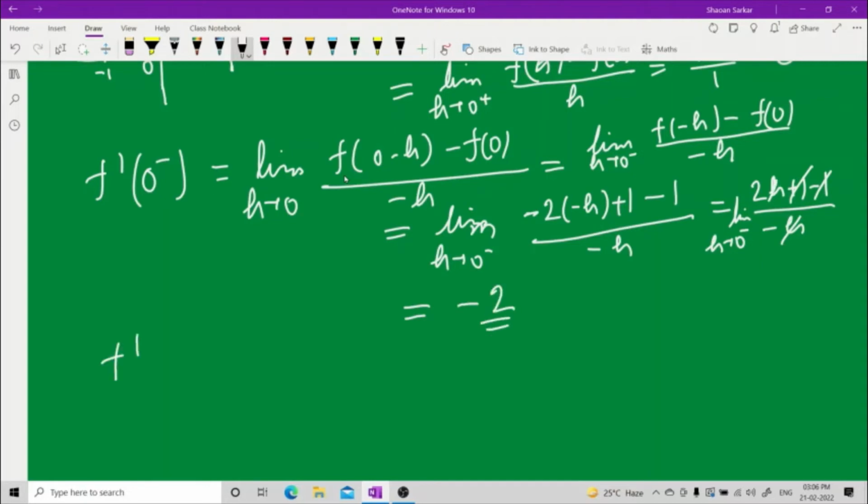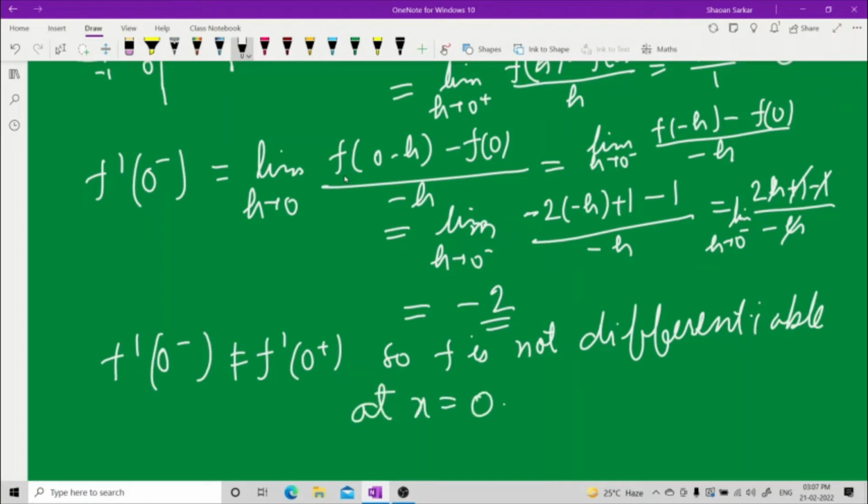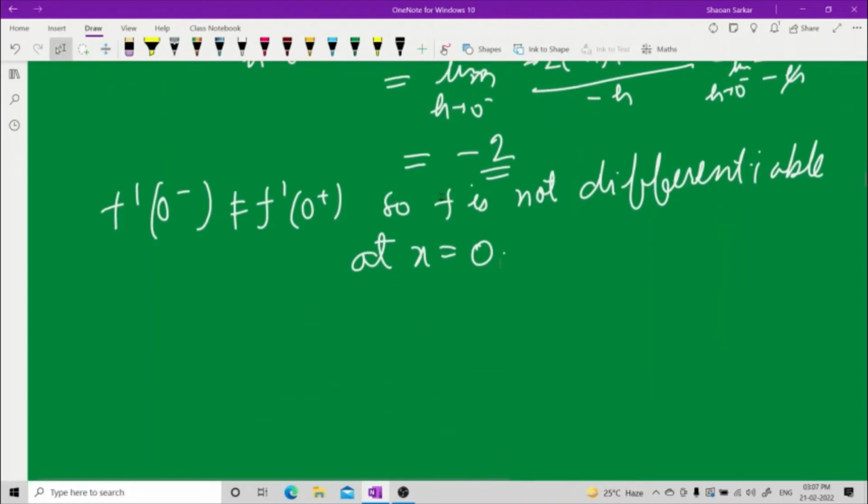So the left hand derivative is not equal to the right hand derivative. So f is not differentiable at x = 0.